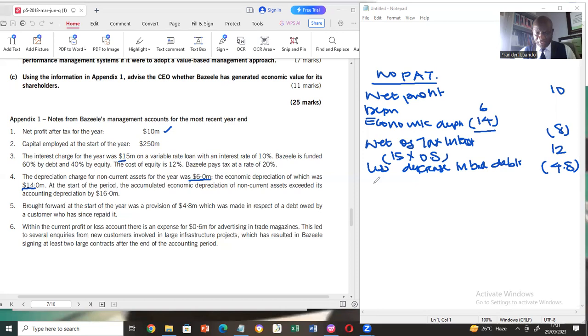So advertising expense, add back, 0.6. So the total there should be 9.8. 9.8 should be the NOPAT, which is closest to cash.